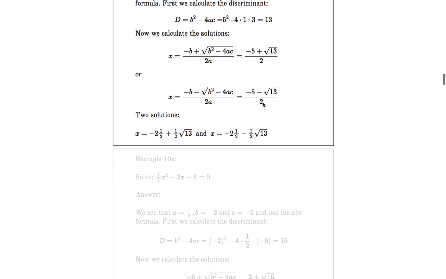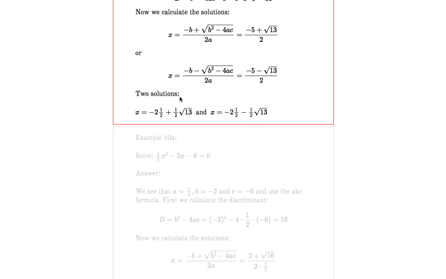In the second solution, we just have a minus sign instead of the plus sign. So the first solution is minus 5 divided by 2, which is minus 2.5, plus the square root of 13 divided by 2, which is a half square root of 13. And the second one is the same, but minus half of the square root of 13.